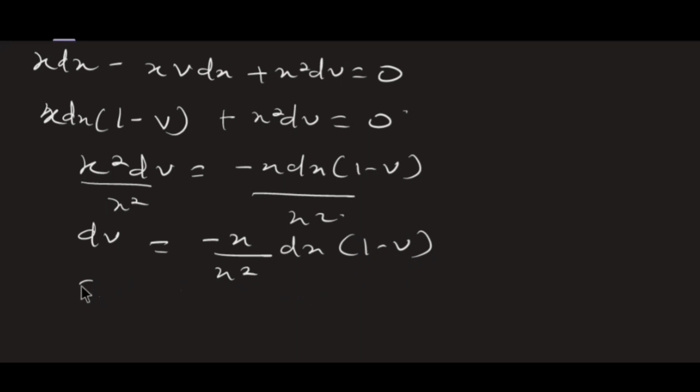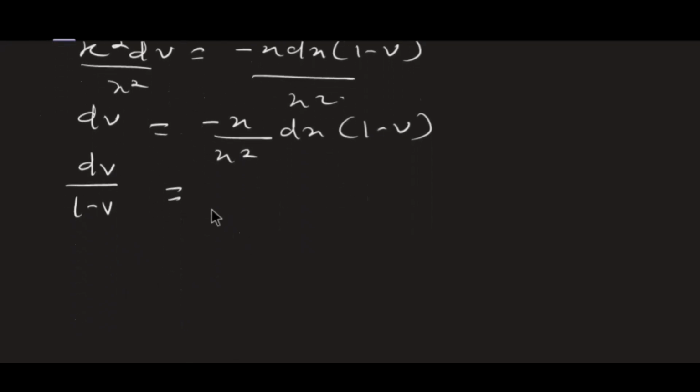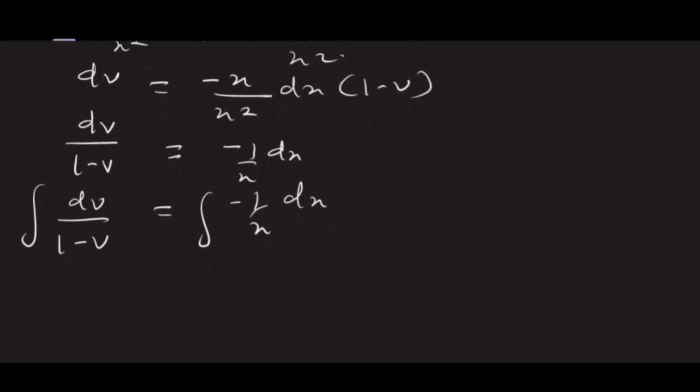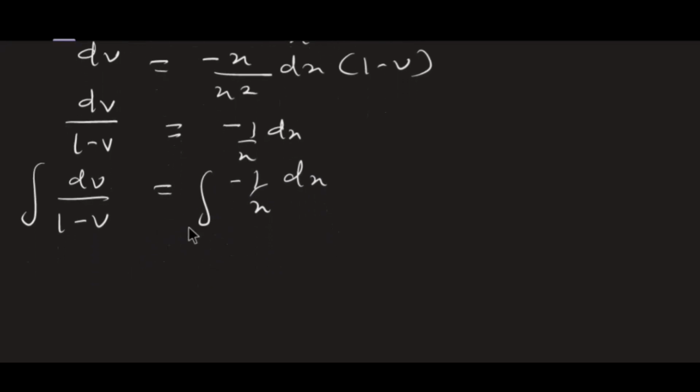This will cancel and I'm going to get dv over (1 minus v) is equal to negative 1 on x dx. So at this point I will integrate both sides. Once I have this expression, I can have here to be what? 1 minus v, so ln(1 minus v) will be equal to negative ln x plus c.